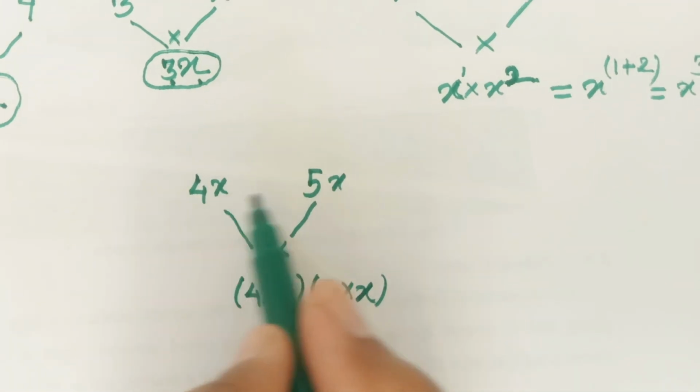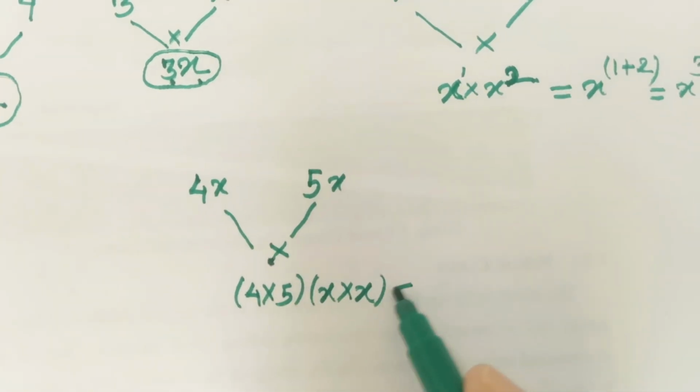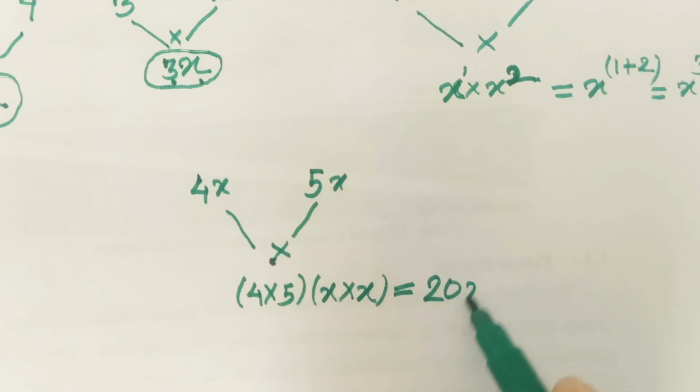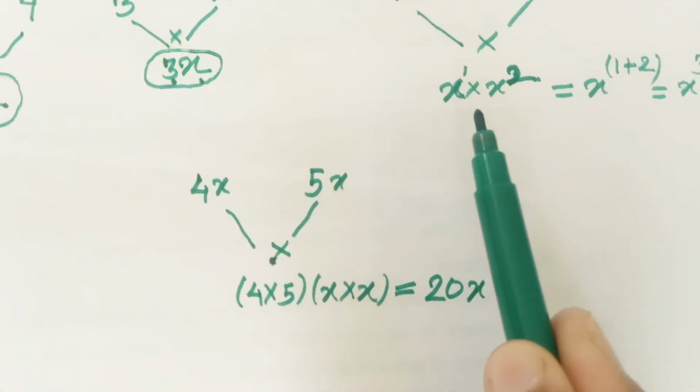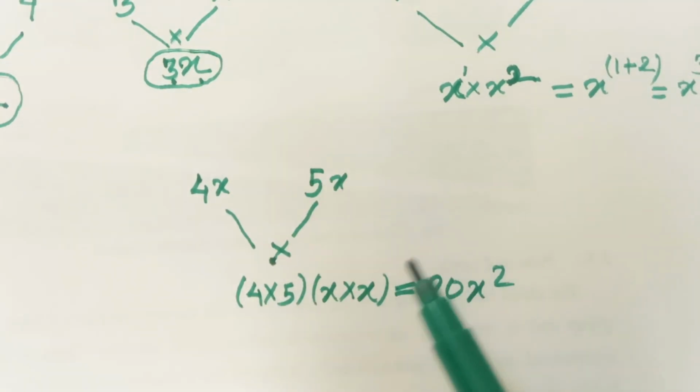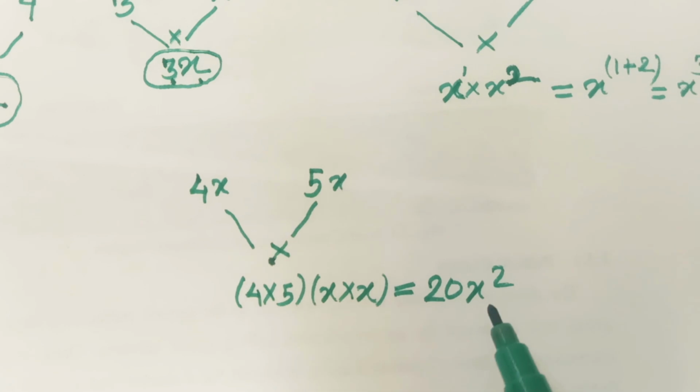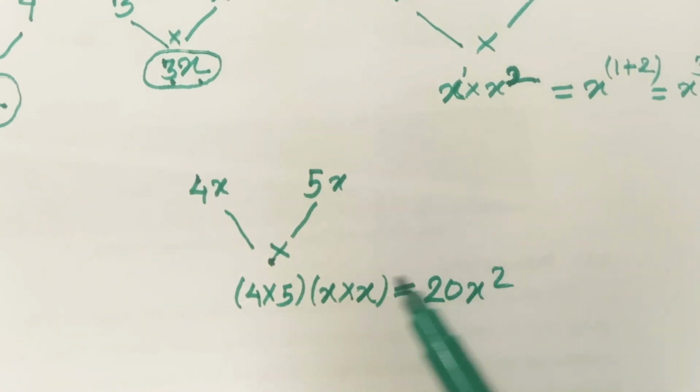So the product of 4x into 5x is 20x square. 5 into 4 is 20, and x into x, addition of powers, is x raised to the power 2. Add the powers of variables.